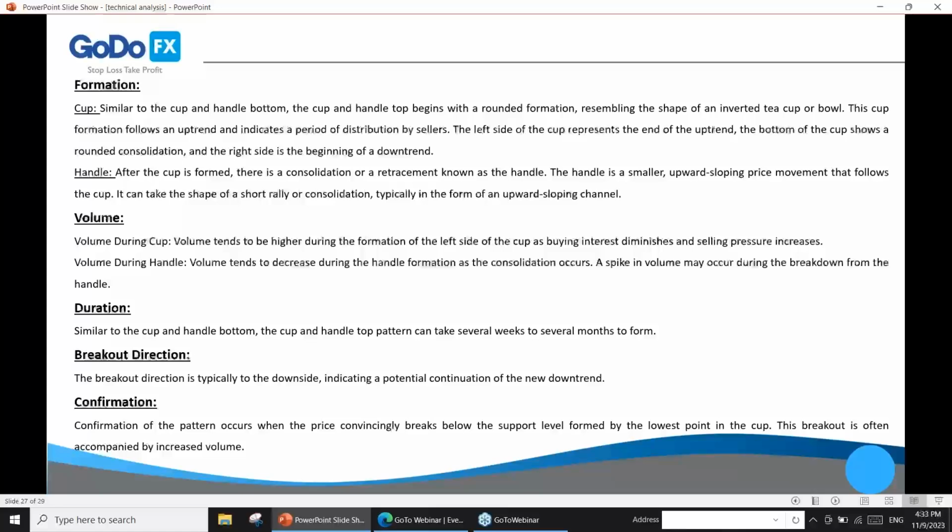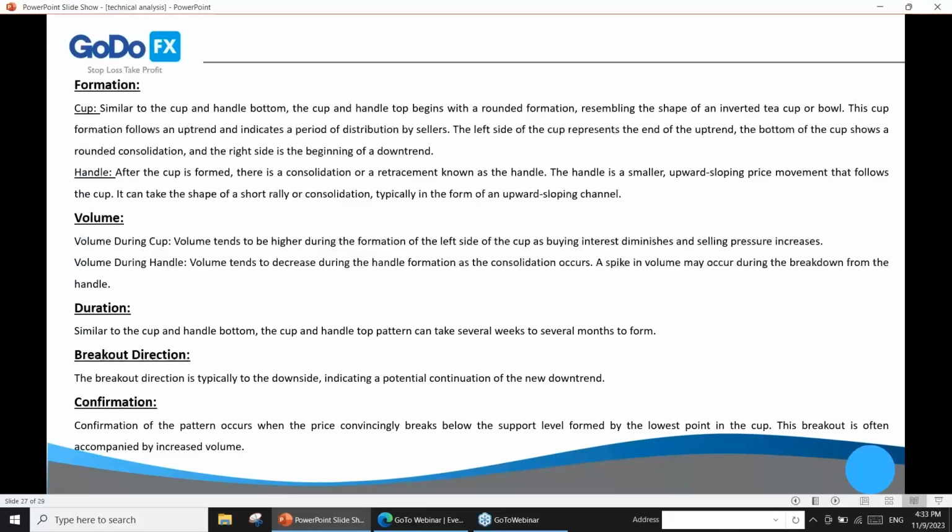So similar to the cup and handle bottom, its duration is going to take several weeks to several months to form. Then the breakout direction is typically to the downside, indicating a potential continuation of the new downtrend.